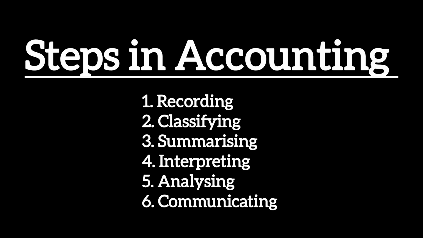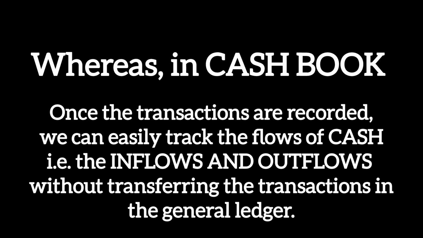But in cash book, once the transactions are recorded in the cash book, we can easily track the flows of cash in and out of the business by just seeing the cash book without transferring it to the general ledger, which is the reason why this cash book is considered as both a journal as well as a ledger. Till here it's clear? All right, I'm assuming that you have understood.